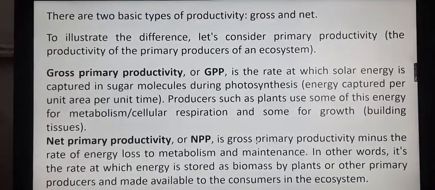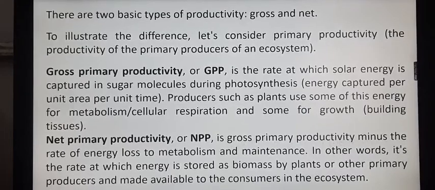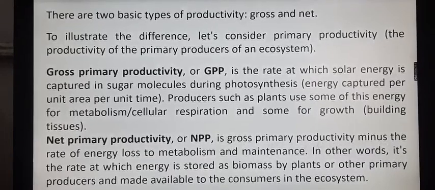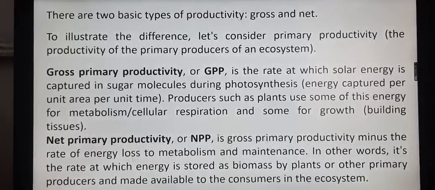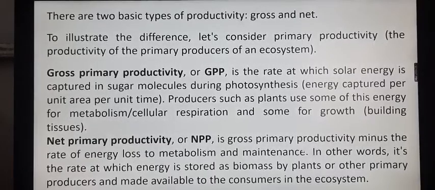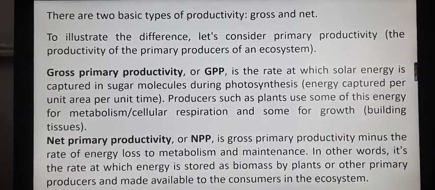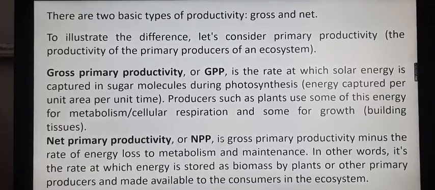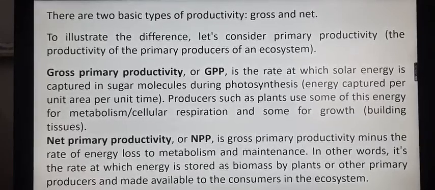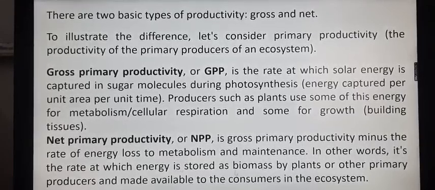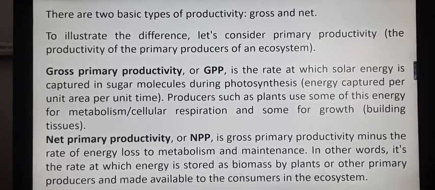It means that from the gross primary productivity, when the respiration energy is subtracted, it becomes the net primary productivity. In other words, it's the rate at which energy is stored as biomass by plants.